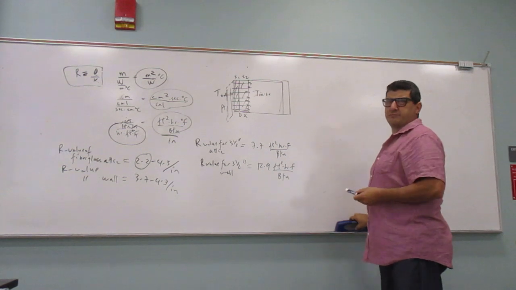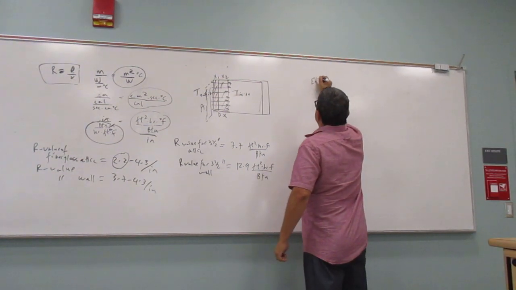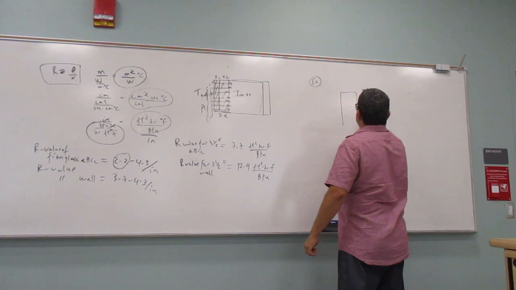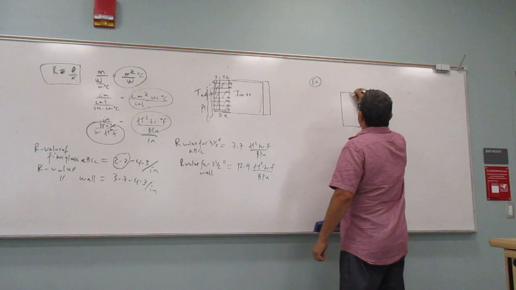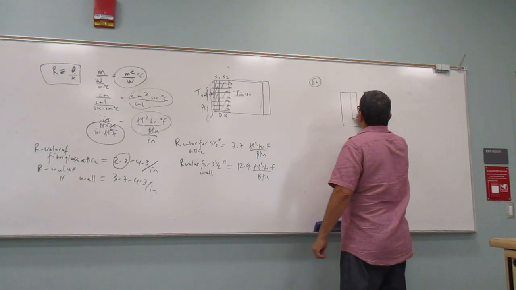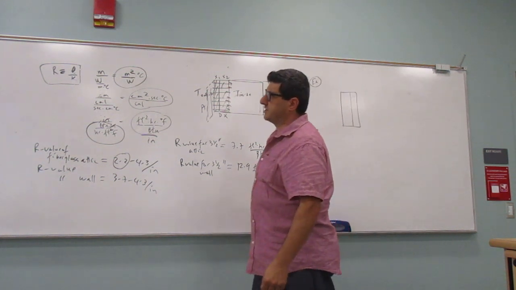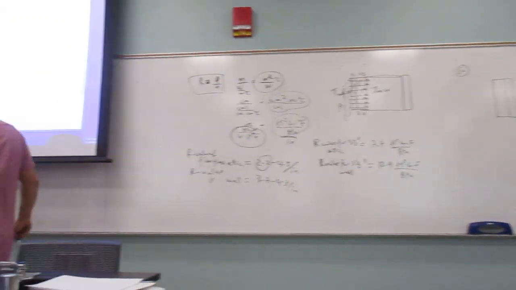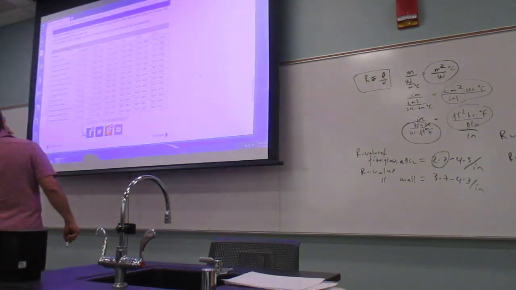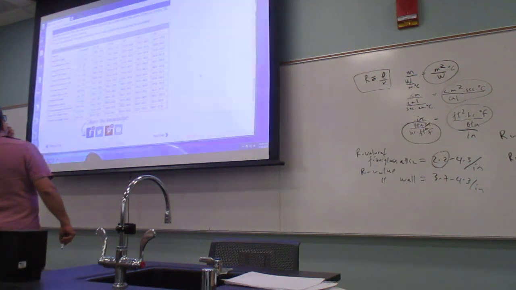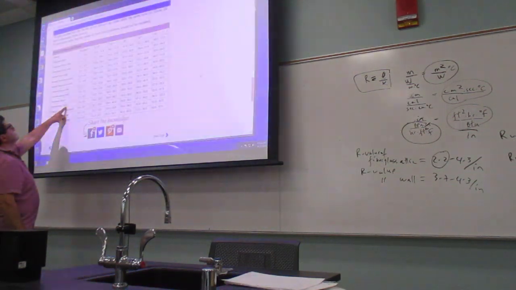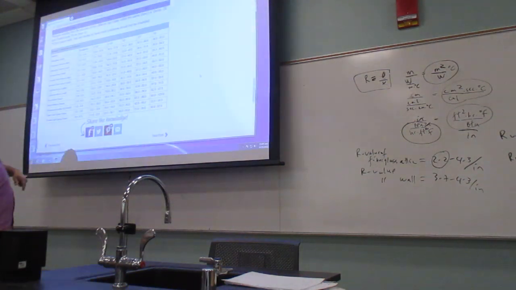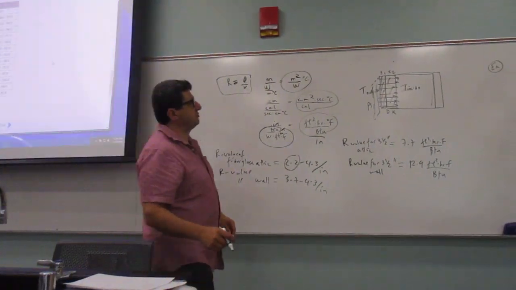Okay, well, let's do a simple problem based on that. Let's say you have a house that is just two materials. Okay, so let's just say you have two materials.